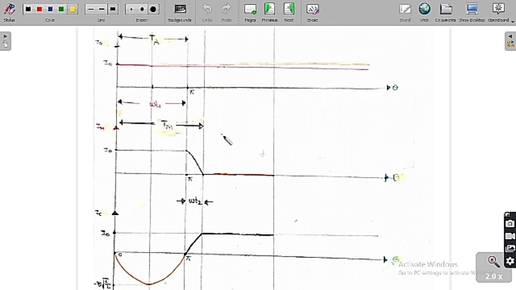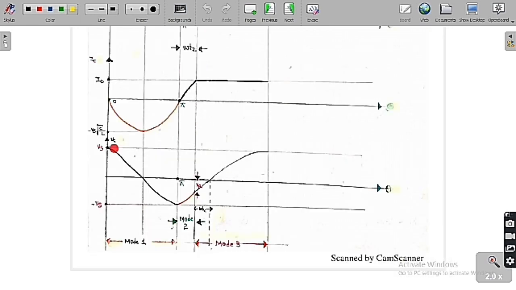Now we will draw the graphs of the capacitor current and also the capacitor voltage with respect to time. I have already told you in mode 1, the capacitor voltage is equal to Vs cos omega t. So up to 0 to pi, this is the graph we are going to get.